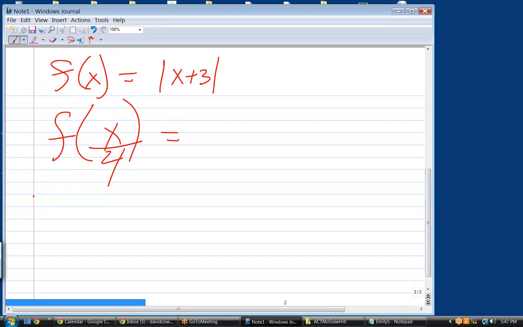No, you said it was a stretch by a factor of 4, which means we have to divide it by 4. Yeah. So we have to figure out what f of x over 4 is. How do I do that again? If f of x is this, what is f of x over 4? Oh, what's the equation that we're using? Well, I had x plus 3. Okay, then we would plug in x divided by 4 plus 3. Yeah.